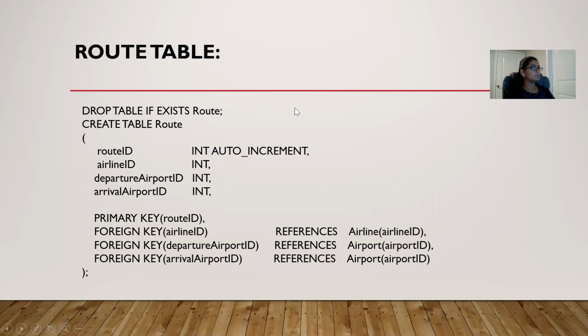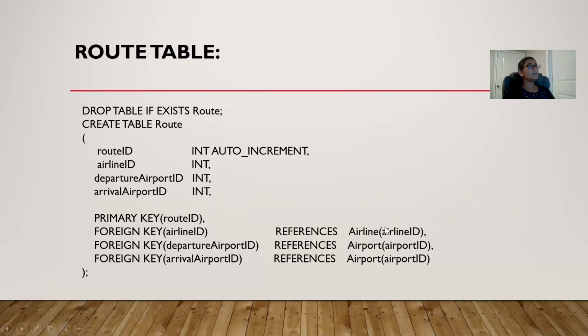This is the query used to generate this route table. Now, the route ID is of integer data type and is auto incremented. Airline ID, departure airport ID, and arrival airport ID are of integer data type. Primary key in this table is the route ID, and then the airline ID is a foreign key and it references to airline ID in airline table.